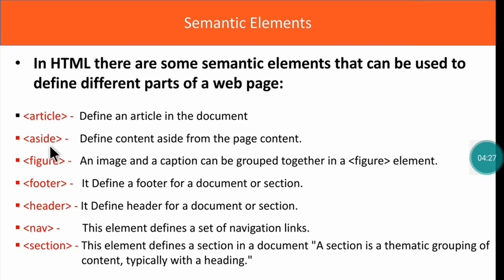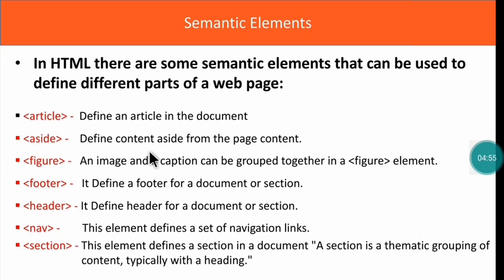The next is aside. The aside tag defines content aside from the page content. The aside tag element is used to identify content that is related to the primary content of the web page but does not constitute the primary content of the page.